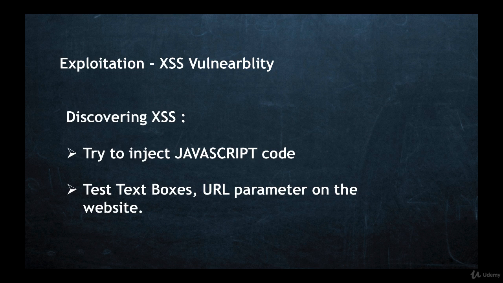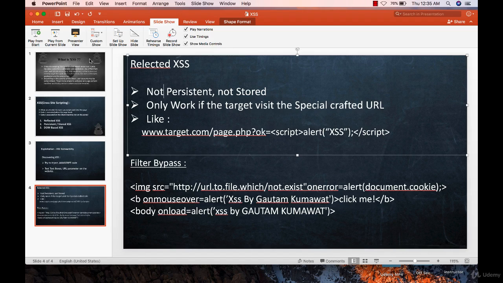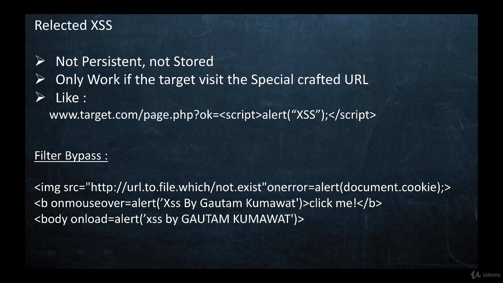Or you can also inject the JavaScript code into a URL parameter. Reflected XSS is not persistent, not stored, and only works if the target visits a specially crafted URL.